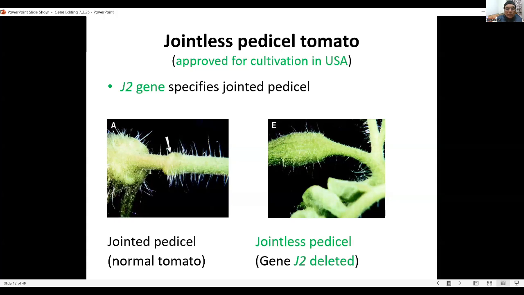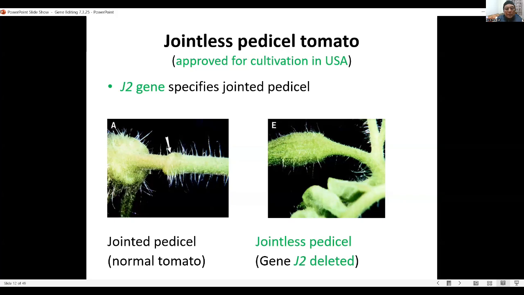So J2 gene was identified, sequenced, and then it was determined what kind of base change will produce jointless pedicel. The conclusion was that any base change that makes this gene non-functional will produce a jointless pedicel mutant.